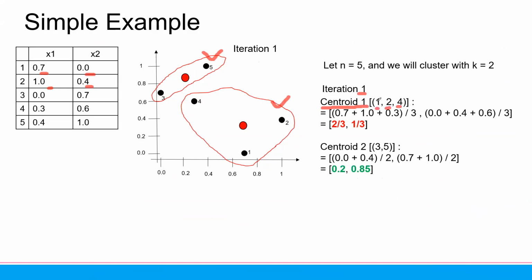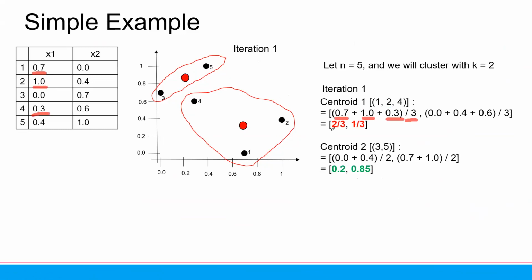So we can see that this is the center. How can we get this center? We need to take the average of x1 for data objects 1, 2, and 4: 0.7 plus 1 plus 0.3, divided by 3.